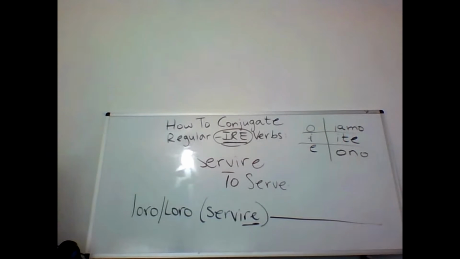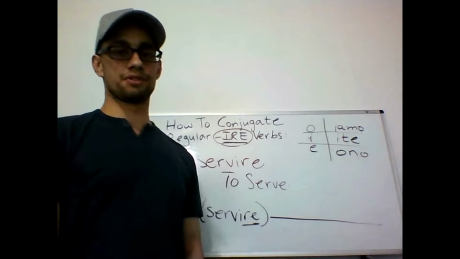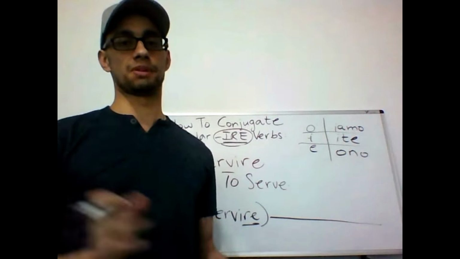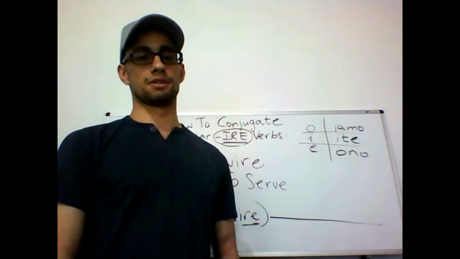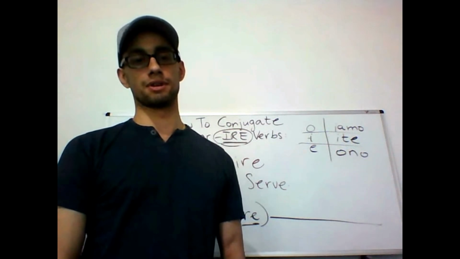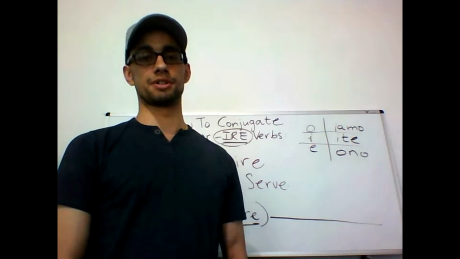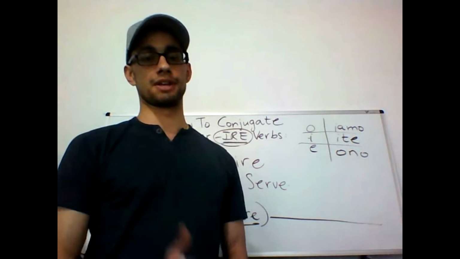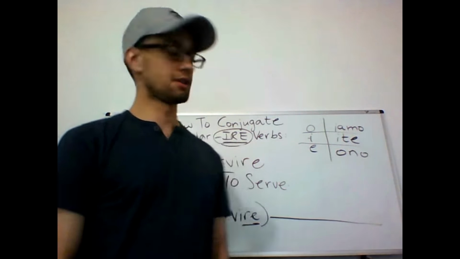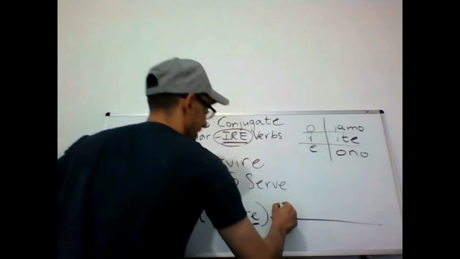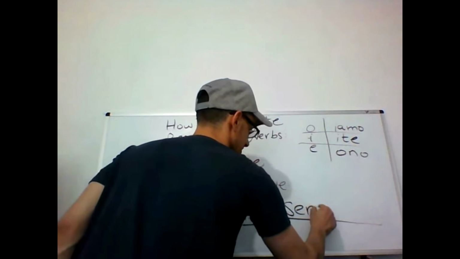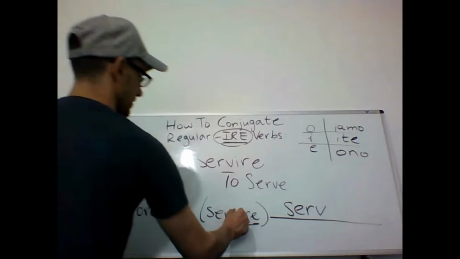Now we want to say they serve the country, or you all polite serve the country. This goes out to those fighting for our countries and your countries and all that. So thank you for all your service and hard work. So we have our stem, serv, because we got to get rid of that.